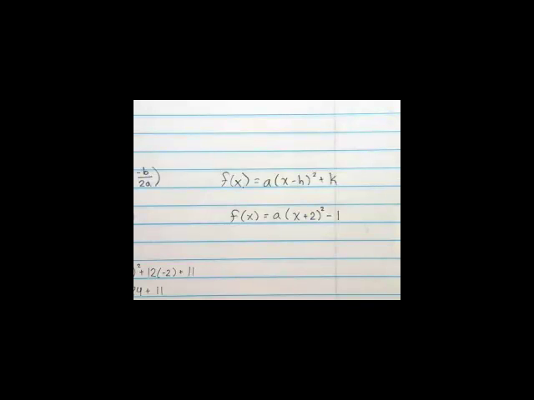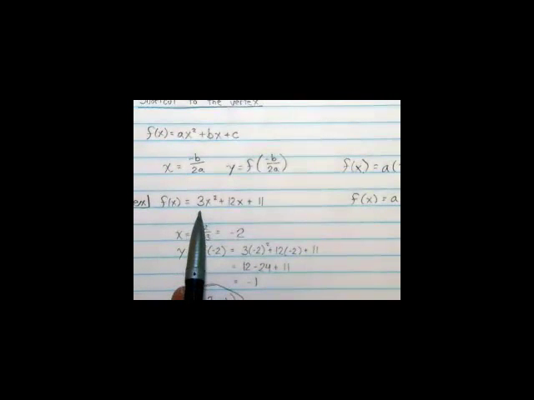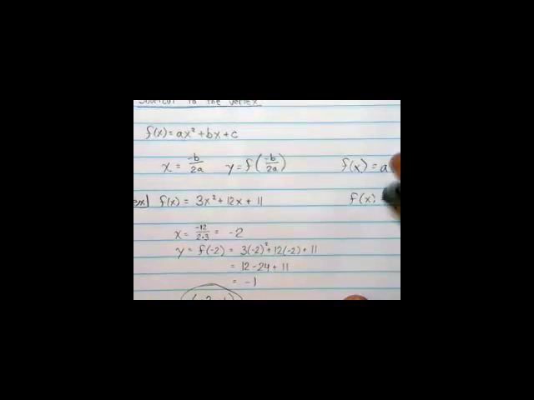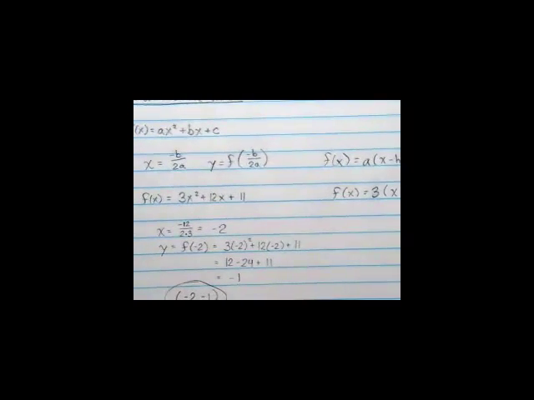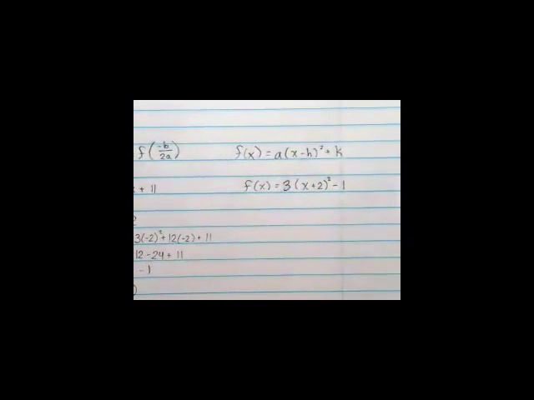You have A. Here's my original equation. What's A? 3. Oh, sweet. Okay. Done. So there's really no need to complete the square. However, I felt like it's important to show that to you because it does get used for other things later, but there's a way around it if you want.